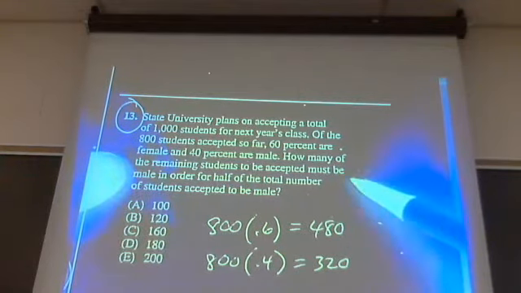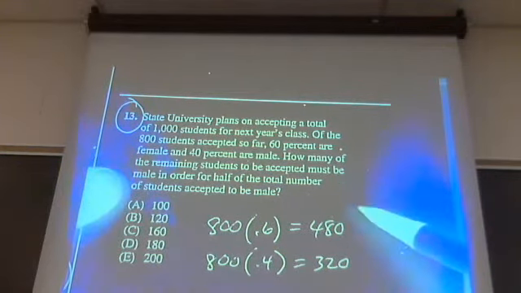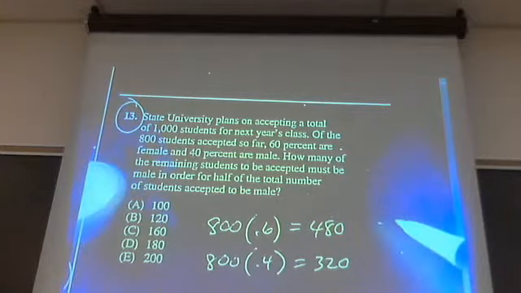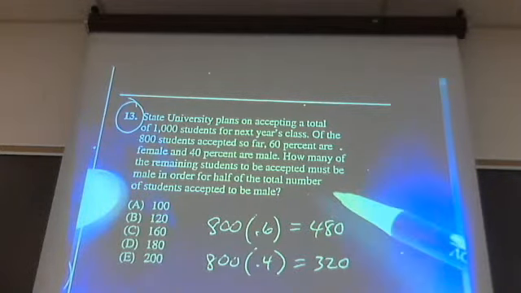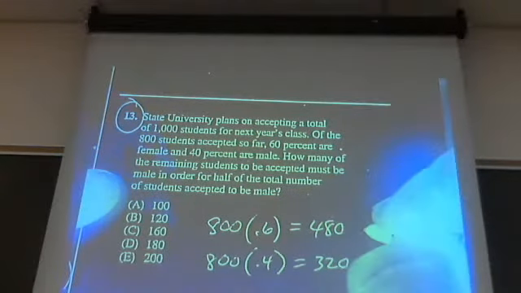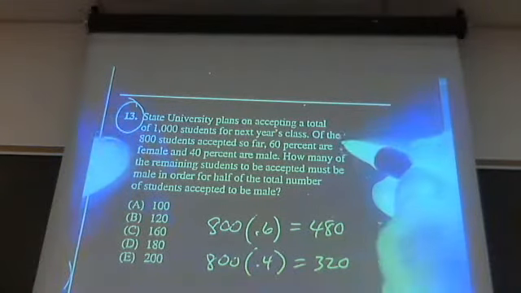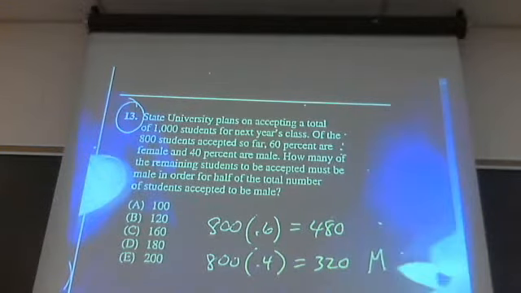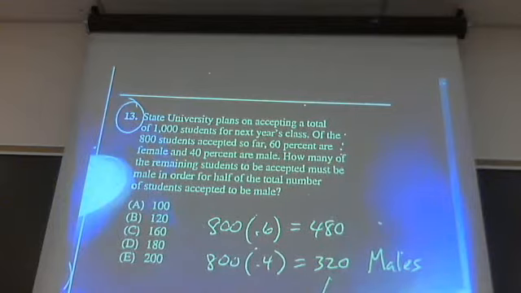How many of the remaining students to be accepted must be male in order for half the total number of students to be accepted to be male? So the males are here, and we've got to get this up to 500, right? Half. You can just do 200 times 24.